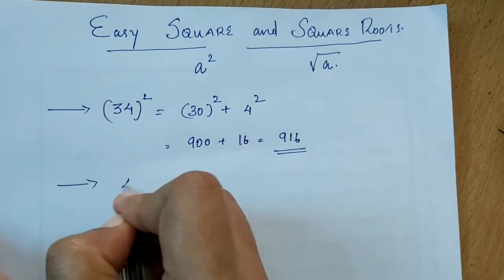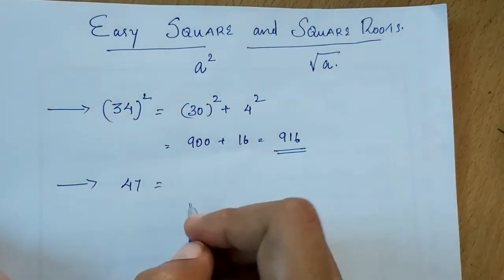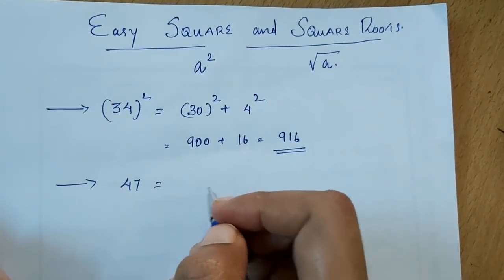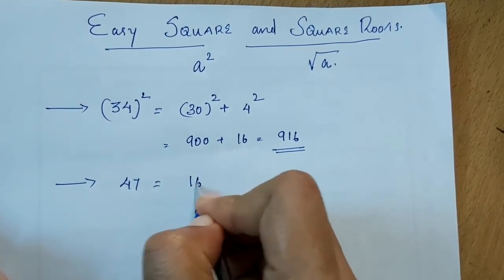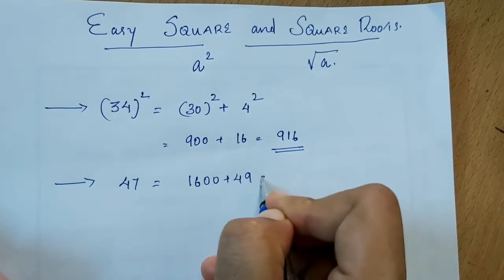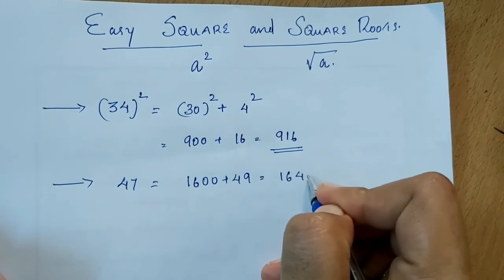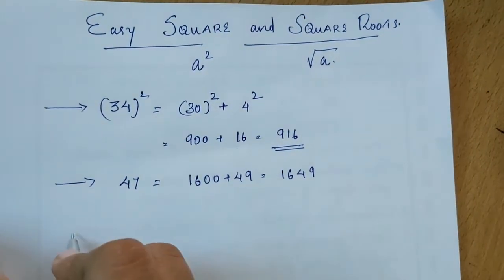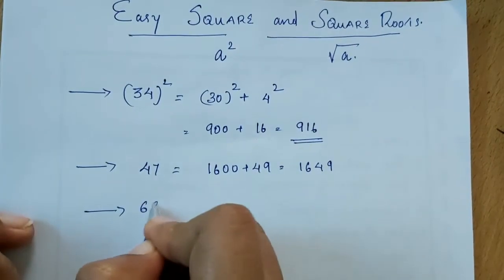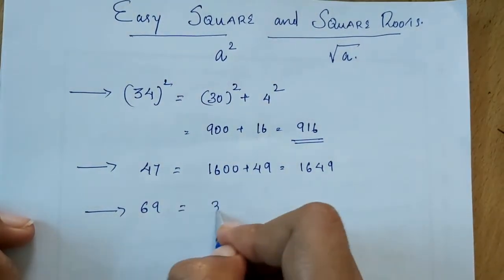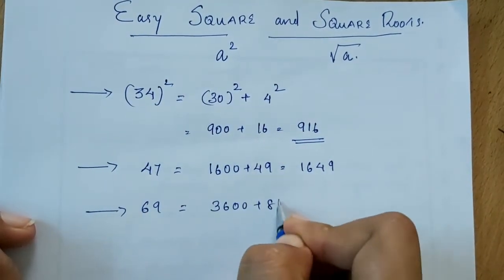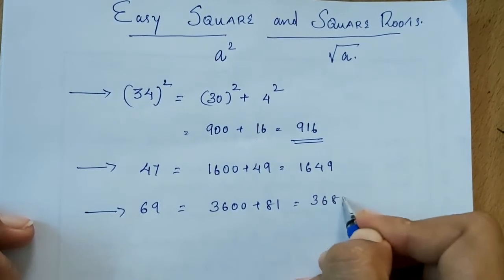Next question, 47. What is 40 square plus 7 square? So 1600 plus 49, 1649. Okay. Next, 69: 3600 plus 81. So 3681.